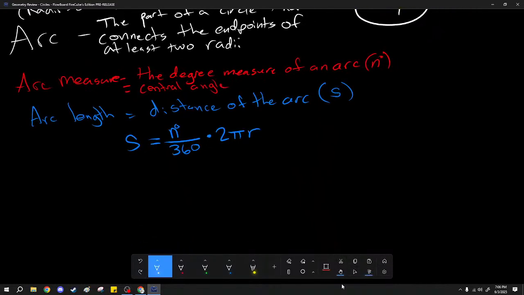So what this is saying is you have two pieces of this equation. You have this fraction where you have your arc measure divided by 360, and you have this little chunk of things being multiplied: 2 times pi times r. Now, 2 pi r on its own is its own equation, the circumference.